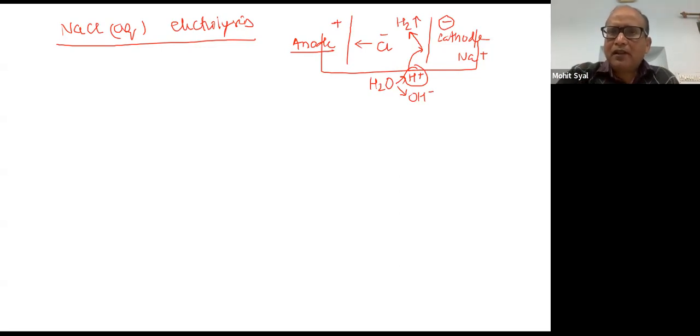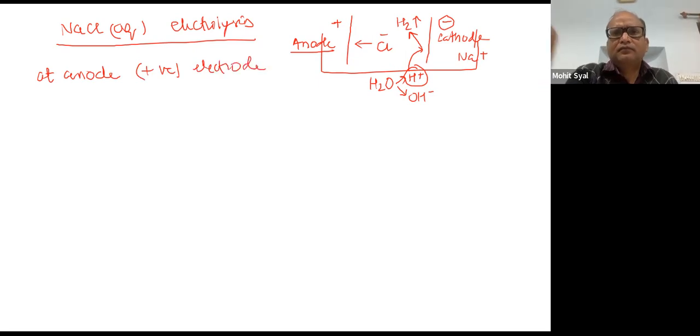And what happens at the anode? I will write the equation here. At the anode, the positive electrode, Cl- will get attracted towards it.